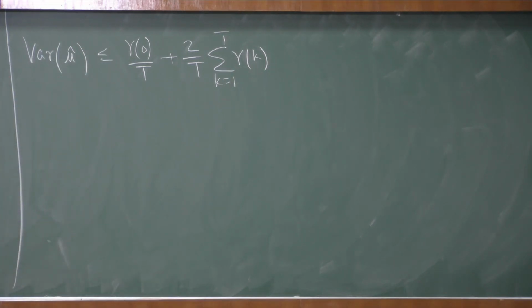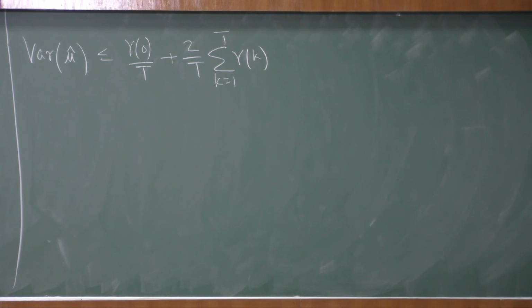If the sum of gamma k does not sum to some finite number, then we don't have the variance of mu hat going to 0. So everything now depends on whether gamma k is summable or not. Hence our analysis goes in that direction now, and we continue from where we left.